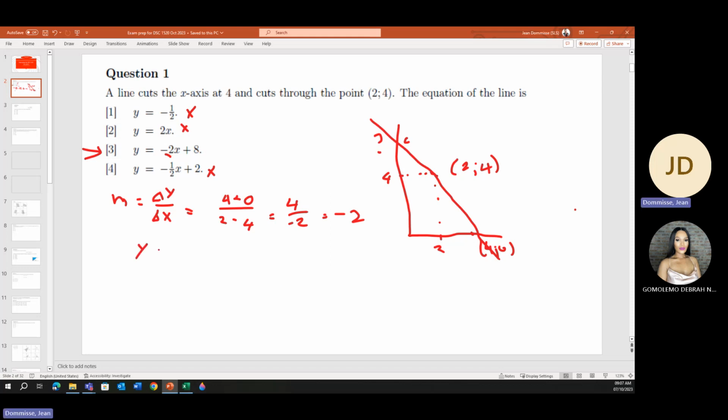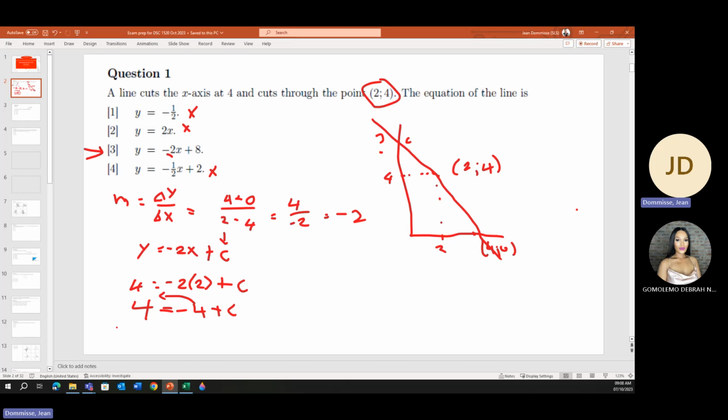So we're currently sitting with y equal to minus 2x plus c. We need to calculate what c is. So I will substitute that point in, the 2 and 4. So x is 2, y is equal to 4, so 4 is equal to minus 4 plus c. So if that goes over to the other side, we've got minus 4, that becomes positive 4.